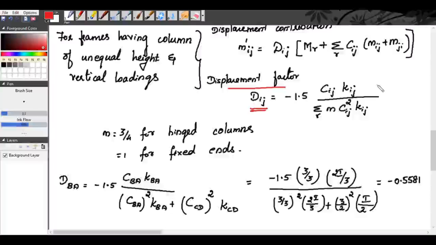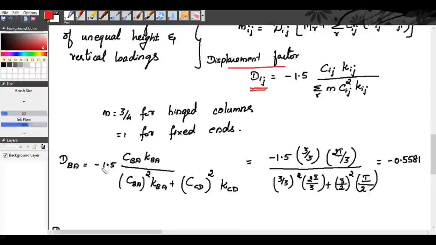So, now minus 1.5 Cij. Here I is B and J is A. So CBA, KBA divided by sigma R. M is taken as 1. M is equal to 1.